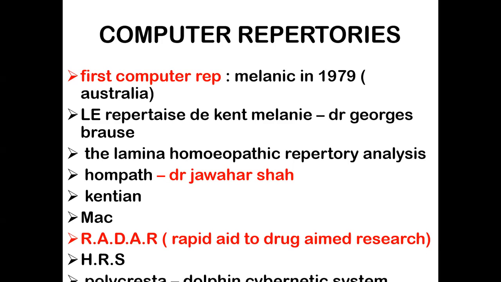If you are using computer repertories, then you are habitual to words like radar, home path, Mac. So first of all, we have to learn radar: Rapid Aid to Drug Aimed Research. This is the full form of radar. Again, it's very important. HRS, Polycresta, Dolphin, Cyprotic system.